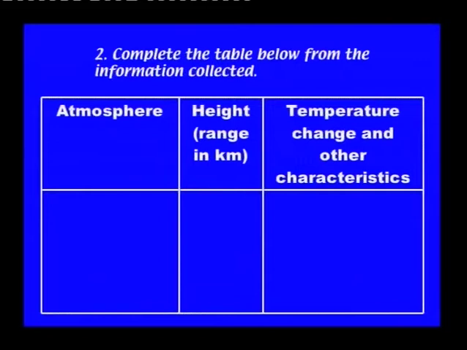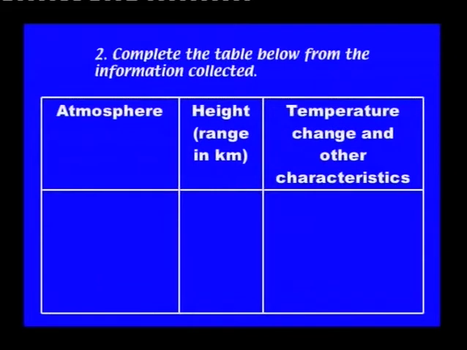The height is not going to be the exact height at which this particular zone starts and ends, because in different books you are going to find variation in the height limit of each of those zones. So we are going to look at a range of height in kilometers for each zone.